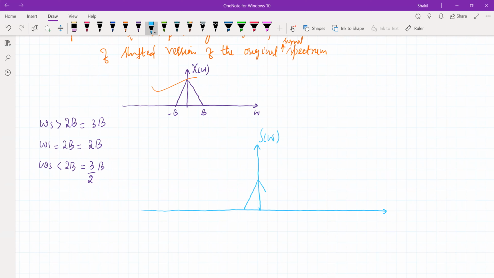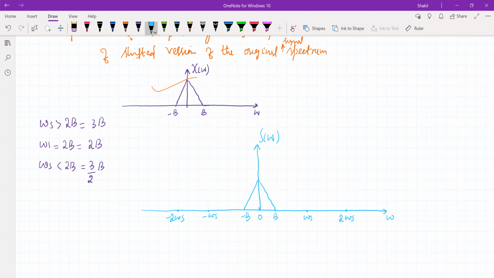Again, I'm not drawing these values to scale, please check it yourself. This is at 0, and this is our omega axis. Suppose this is omega s, this is twice omega s, and so on. Same way, suppose this is minus omega s, and this is minus twice omega s.